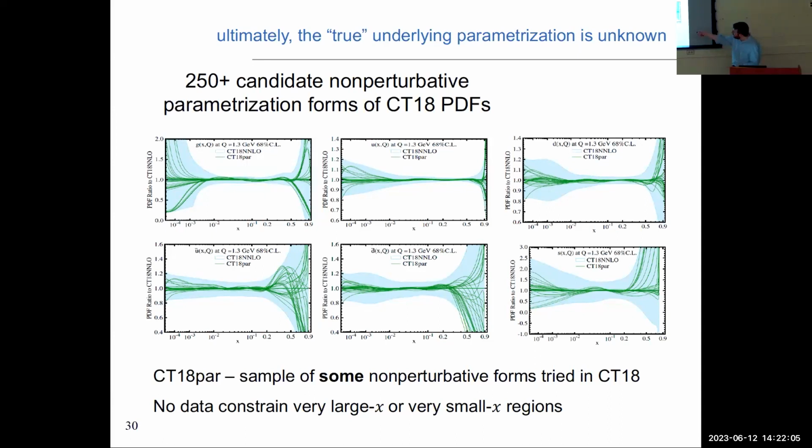This gets rather tricky because there really are no data at either very high or very low X that tell you what's going on. That ends up being a crucial problem, in the sense that there is this parameterization dependence. That's why we spend a lot of time trying these different parametric forms. Pointing at one randomly off the page, for instance, for the anti-down PDF, you see that the different parametric forms just absolutely go wild as I go to very high X, again due to the lack of data. So if there is a model uncertainty, it tends to show up exactly in these regions where you're essentially extrapolating.